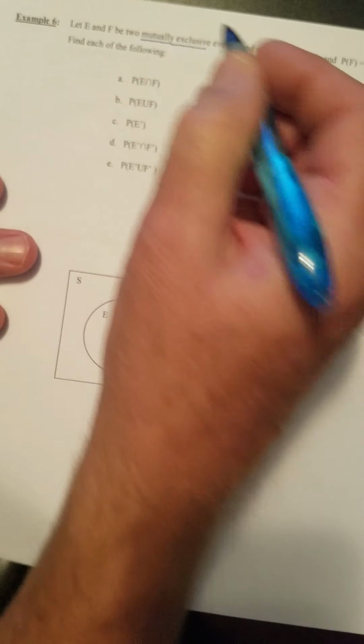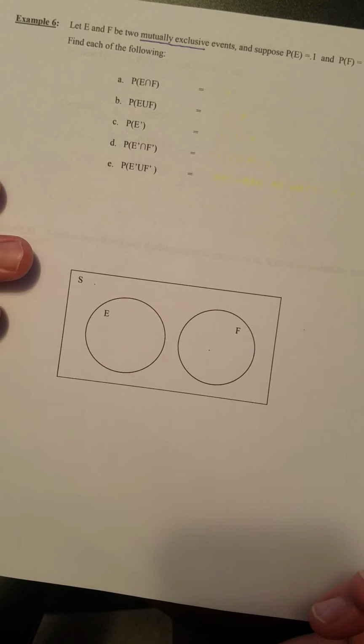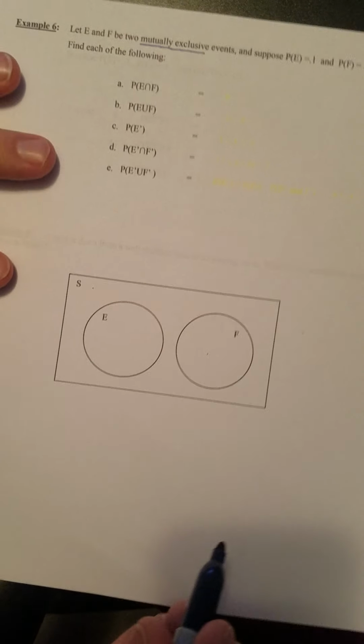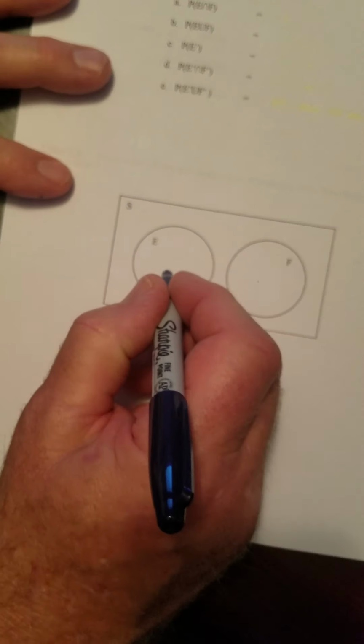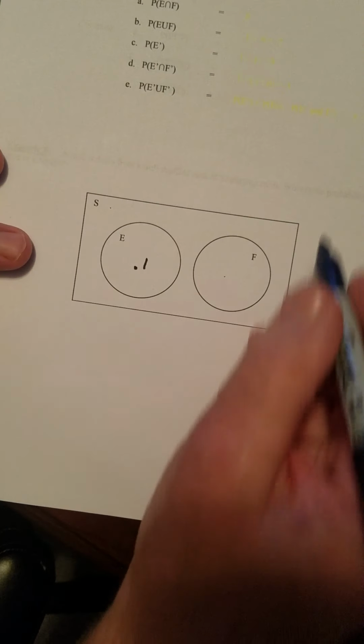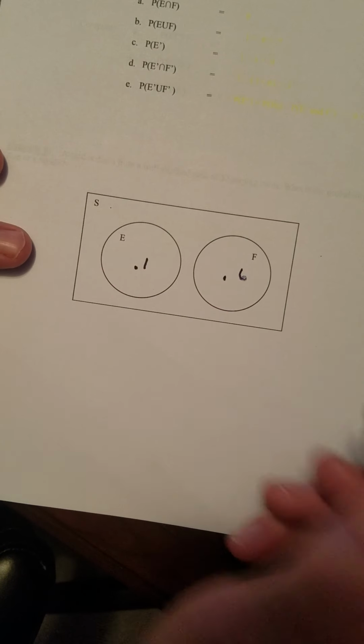Mutually exclusive says that the circles don't intersect. So the probability of E was 0.1, so I'm going to put 0.1 right there. And the probability of F is 0.6. There was just no overlap.